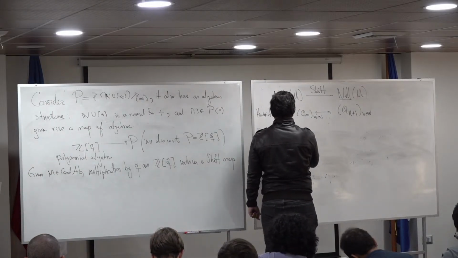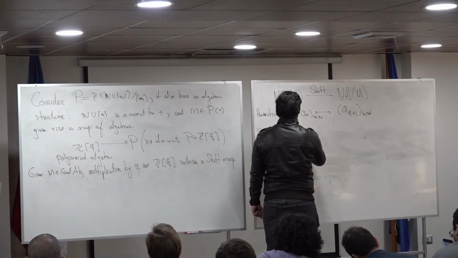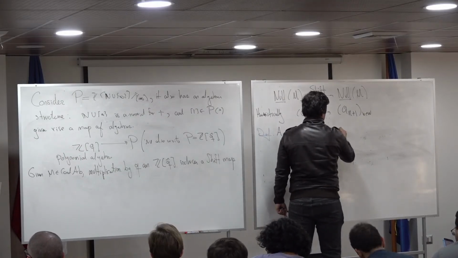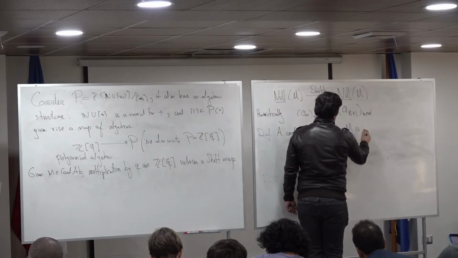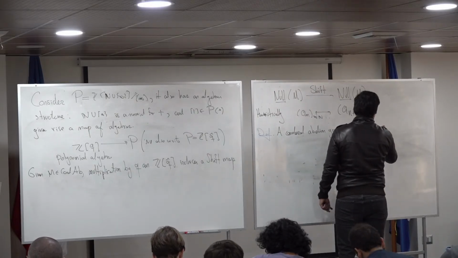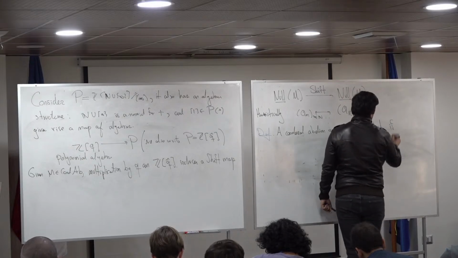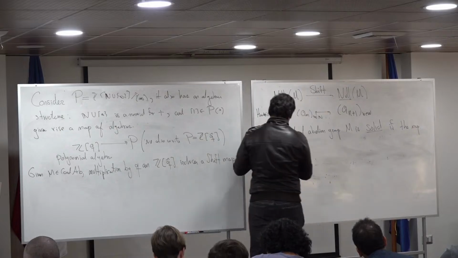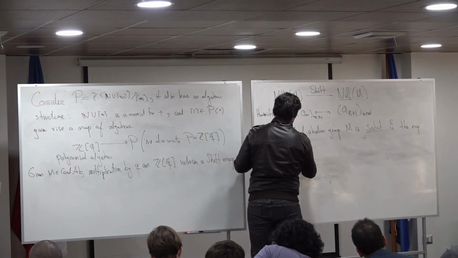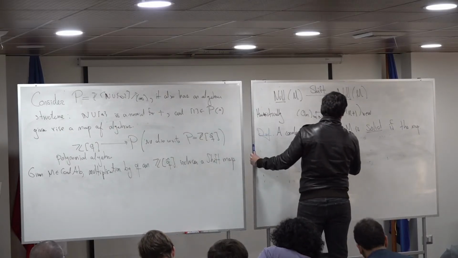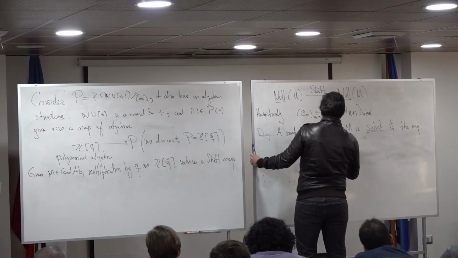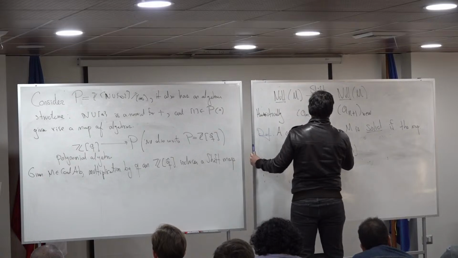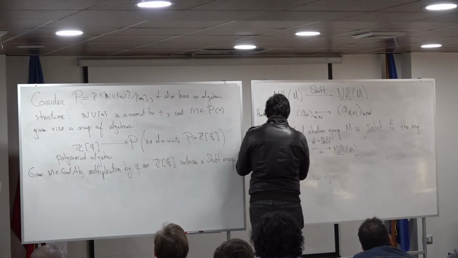So a condensed abelian group M is called solid if the map from the null sequences of M to the null sequences of M given by the identity minus the shift map is an isomorphism.